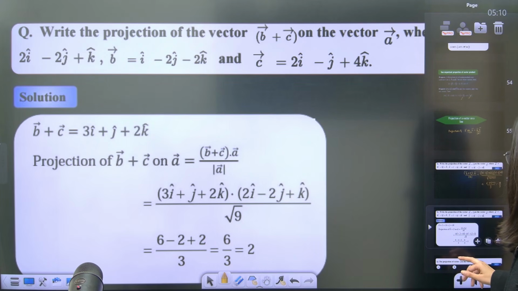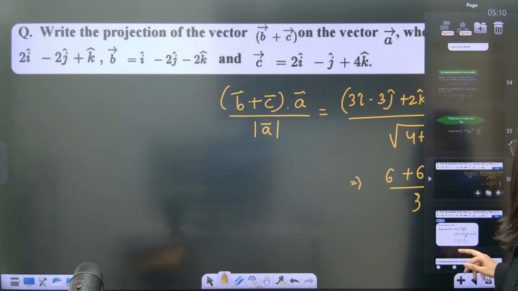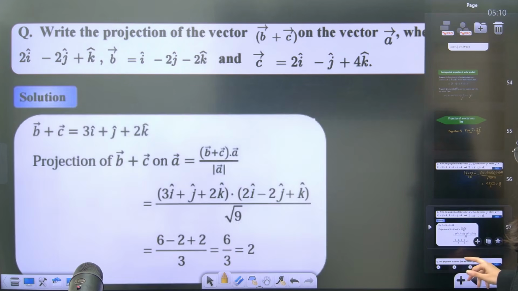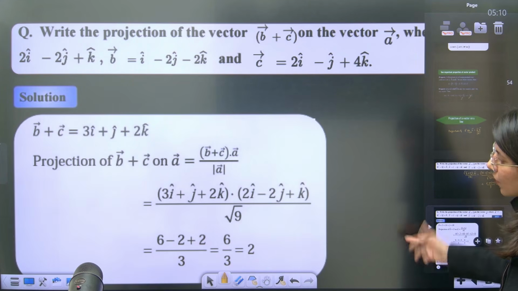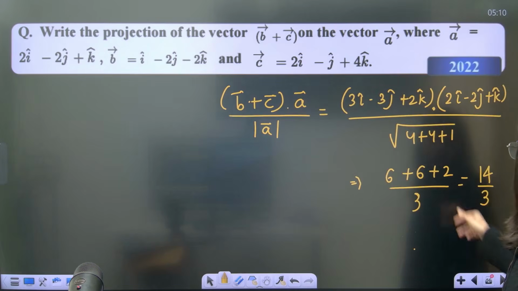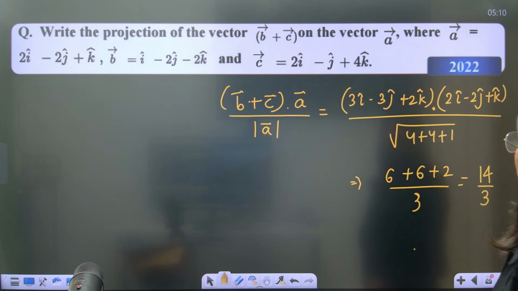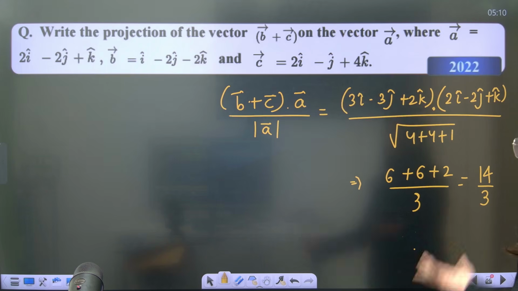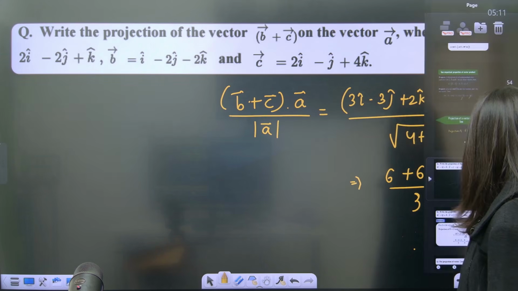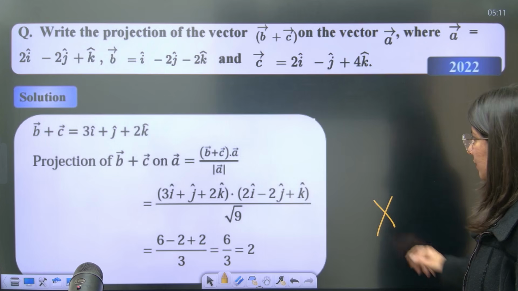This is wrong, I think. This is correct now. 6 plus 6, then we are having plus 2, correct? Yes, we are correct. Solution is incorrect, please ignore, okay?